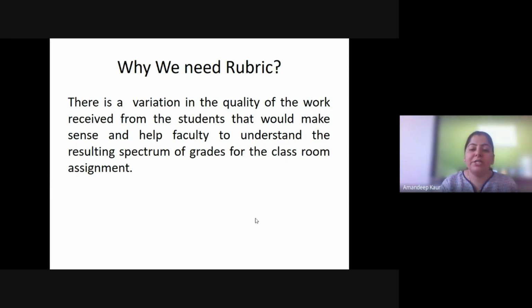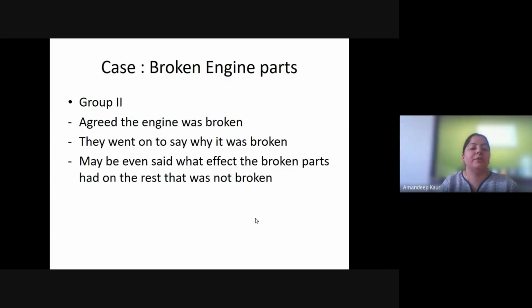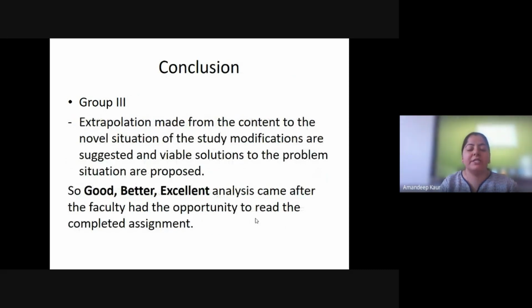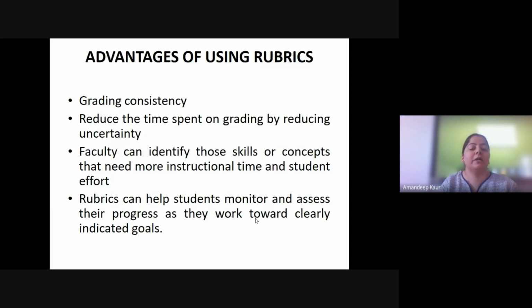So when in the initial phase of the semester we give assessment related activities to the students, we come to know the probable resulting spectrum of grades for the classroom assignment, or that in final evaluation students will be able to do up to this level only, and accordingly we can plan and make certain instructional decisions so that all the students, irrespective of their level, are able to gain something out of that particular class.